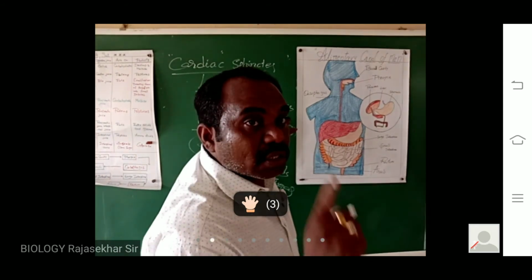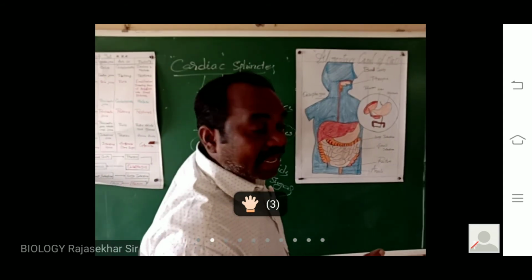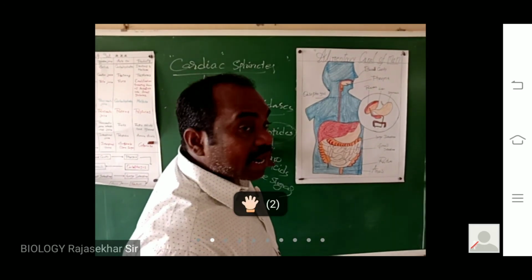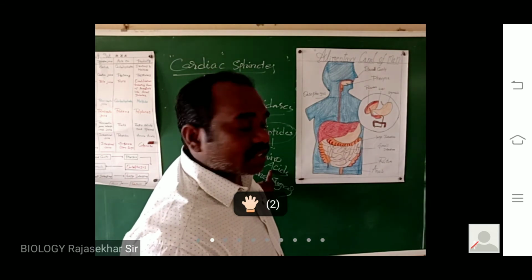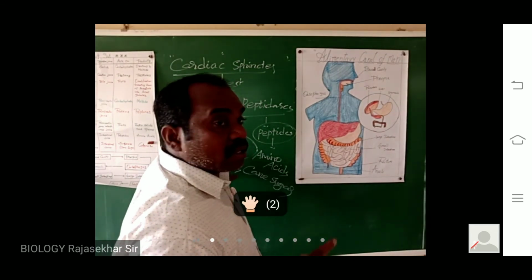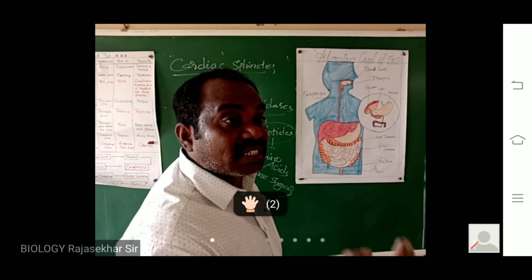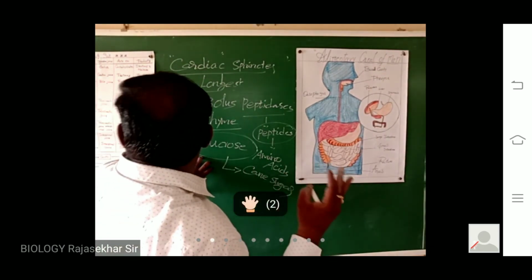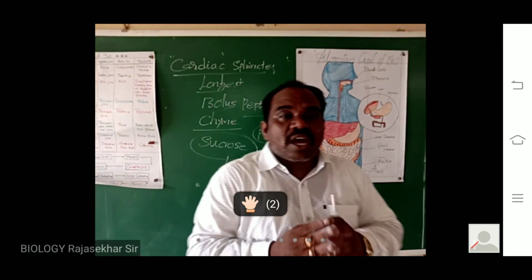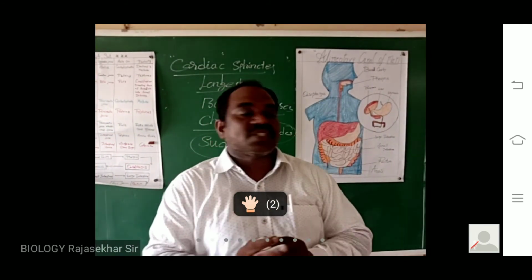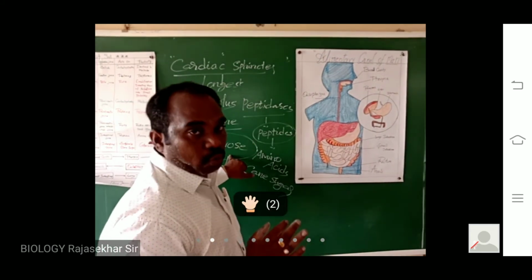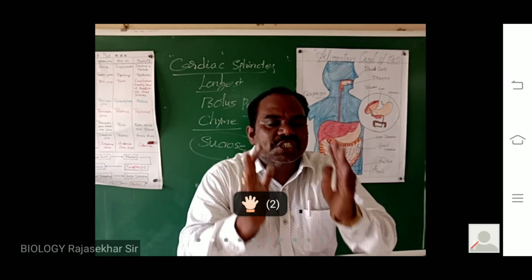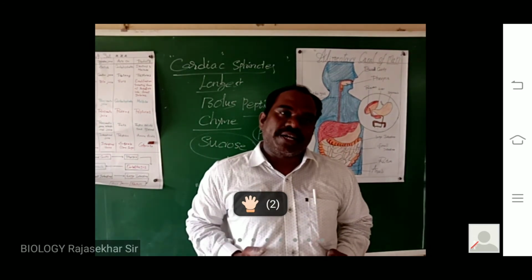My dear students, the small intestine secretes peptidases, which help peptides convert into amino acids, and sucrase helps conversion of maltose sugars into glucose. These are the enzymes secreted from the small intestine, all helpful for the complete digestion of the food materials.